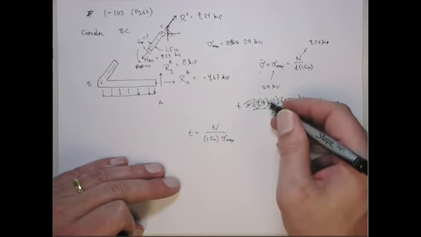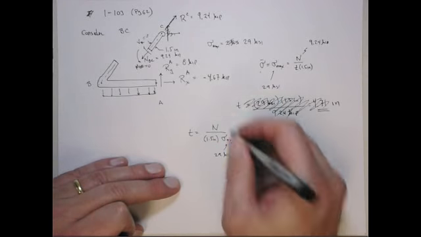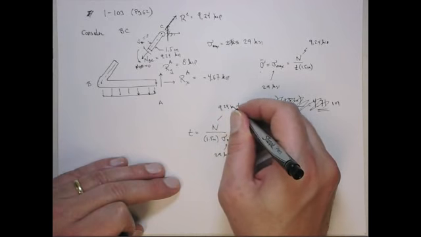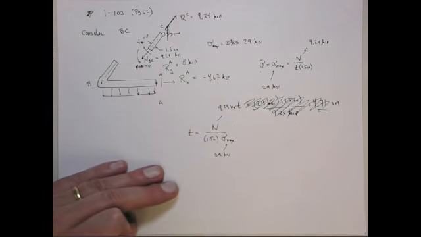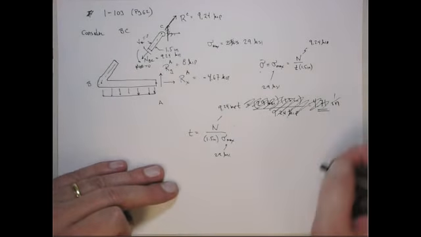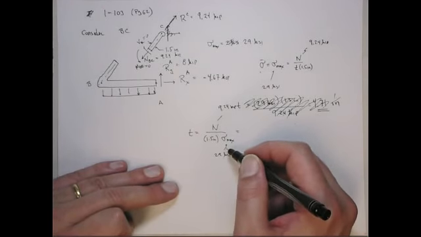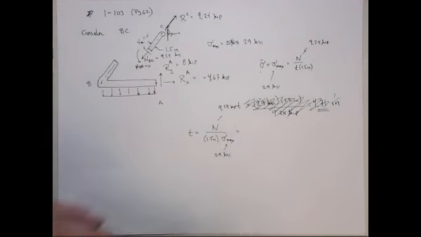I put the sigma max on top. This is the 29 KSI. This is the 9.24 kip. And I was even sloppy. I didn't even catch myself in inches, so I should have been able to do that. Actually, yeah, this would have been 1 over inches. Okay, so that'll come out better. It's the same thing, just the inverse of that, okay?